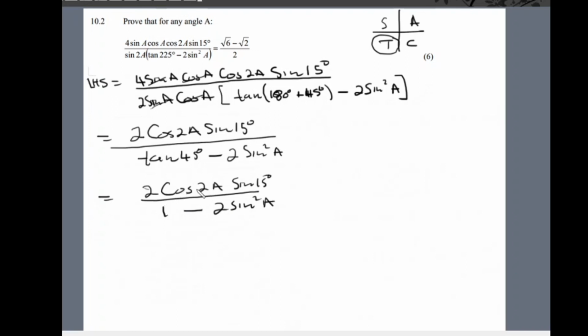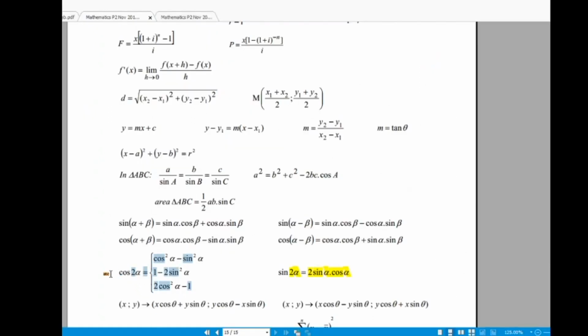Again, cos 2A we can find from our formula sheet. Cos 2A is either equal to cos squared A minus sine squared A, or 1 minus 2 sine squared A, or 2 cos squared A minus 1. I will select this second one.